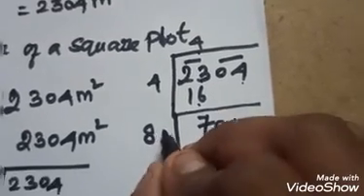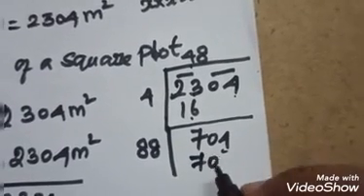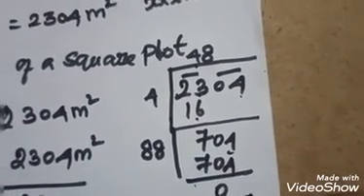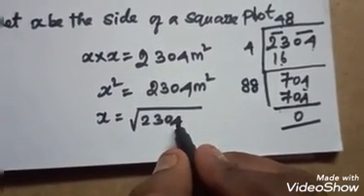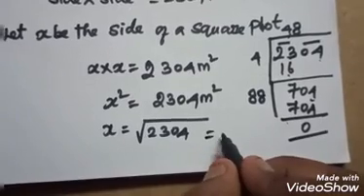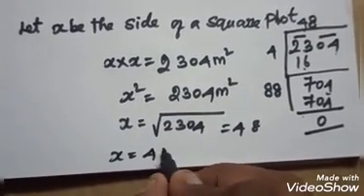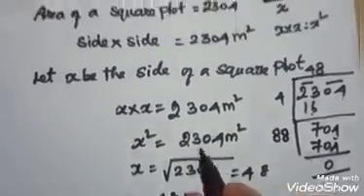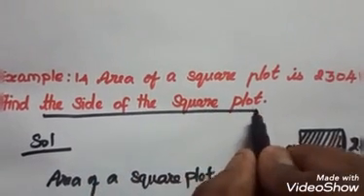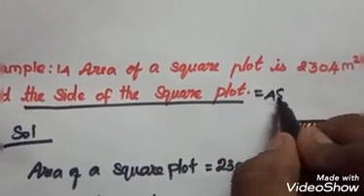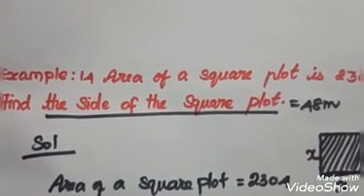We put 8 and multiply with 8. 8 into 88 you get 704. Remainder 0. So now you can see the value of x, that is the square root of 2304 is 48. x is equal to 48 meter. Therefore the side of the square plot is equal to 48 meter.